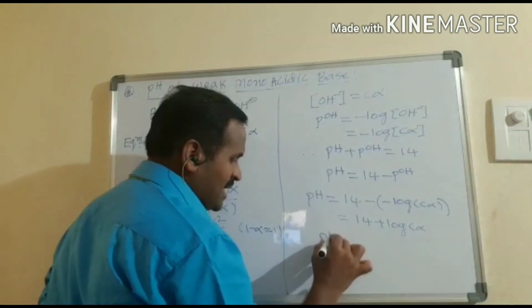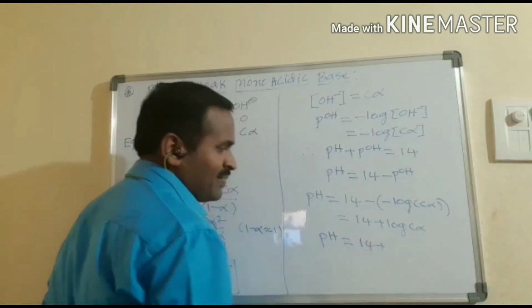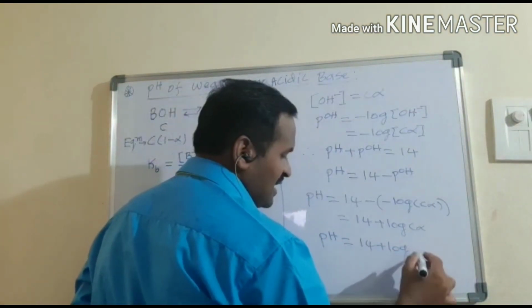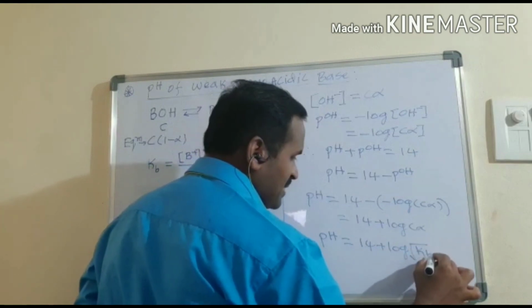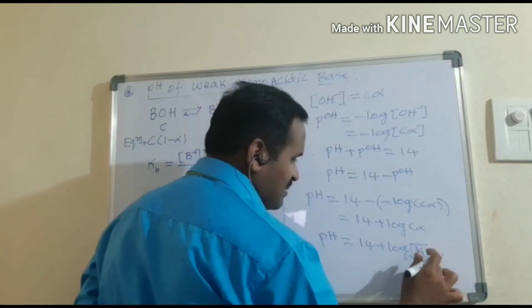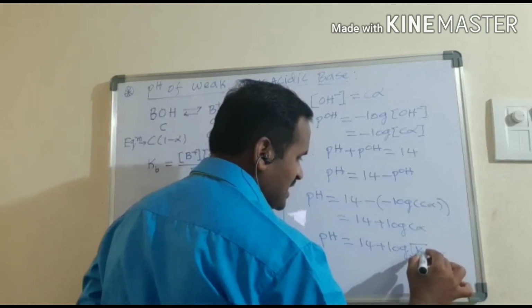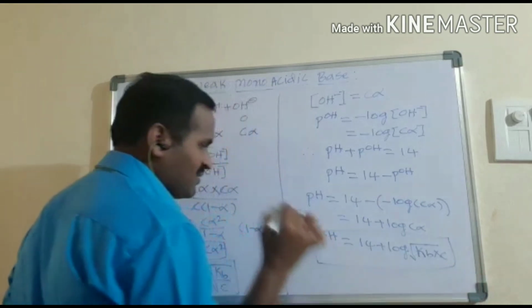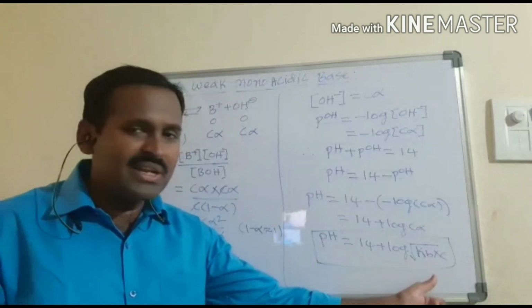So pH is equal to 14 plus log of C alpha, where alpha is the square root of Kb divided by C. As we did in the same case earlier, here also we get pH equal to 14 plus log of the square root of Kb into C.